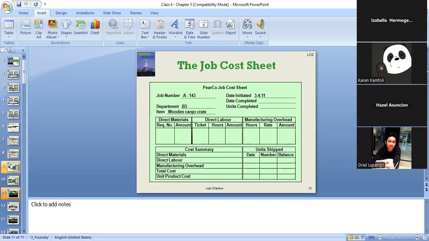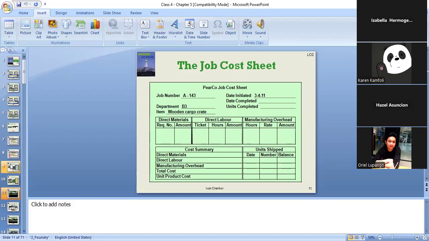So now let's start preparing our job cost sheet. First, on the job cost sheet, one thing that you have to understand: we're doing all this costing only because the customer called us and said, I want a product. For that reason, we have to calculate the cost related to that particular order for that particular customer.